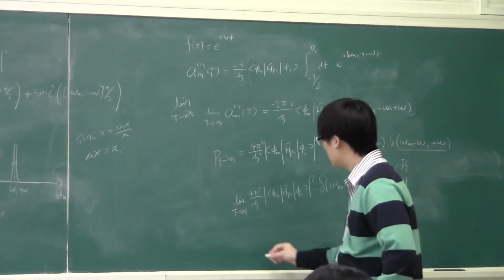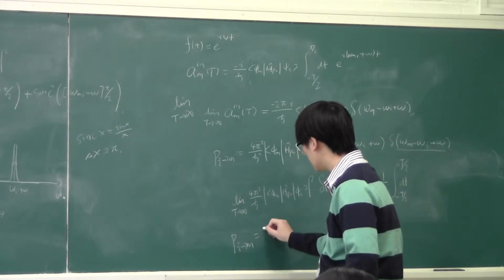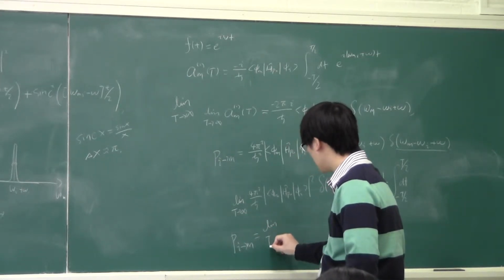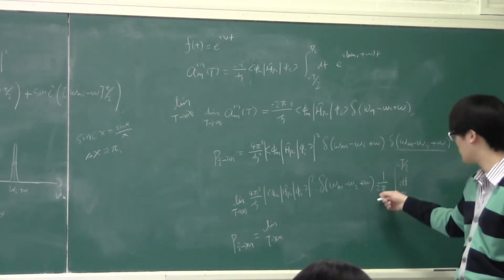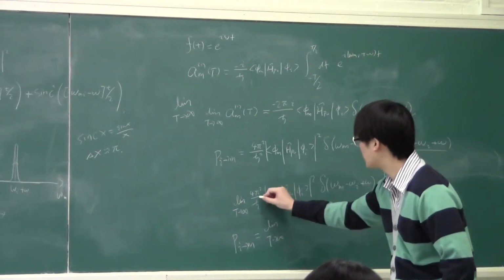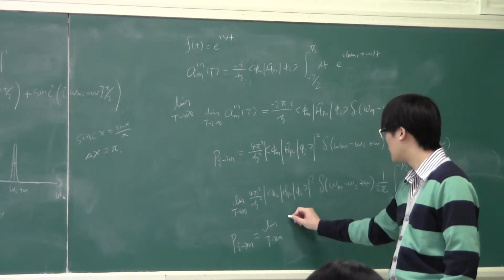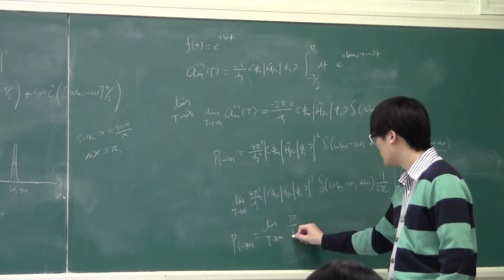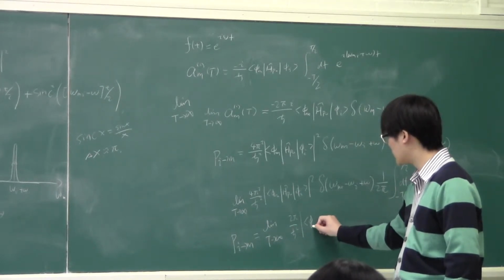So the probability of the i to m transition is equal to, in the steady state limit, 4 pi squared and 2 pi cancel. Oh, sorry, I forgot the h bar squared. So this is just 2 pi over h bar squared, and then you have this matrix element.